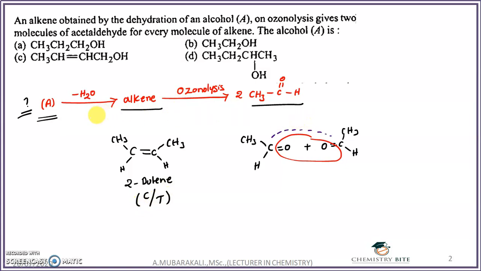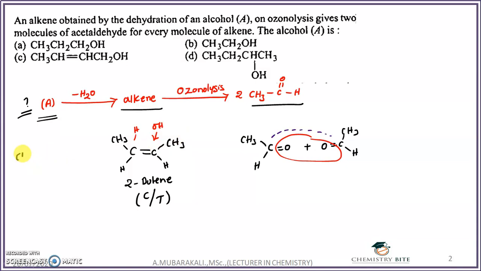Coming to A, what is A? A is an alcohol. Which type of alcohol will give 2-butene? It should be a secondary alcohol. For example, on one carbon you have to add the H, and on another carbon you have to add the OH, because you have removed the water from the alcohol.